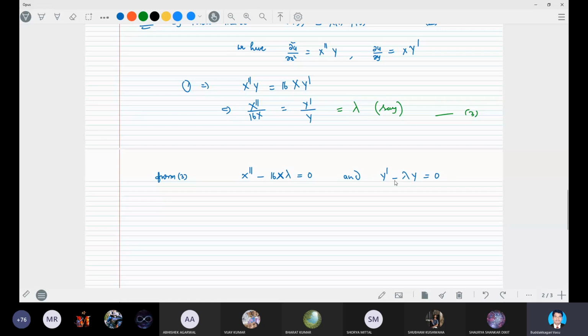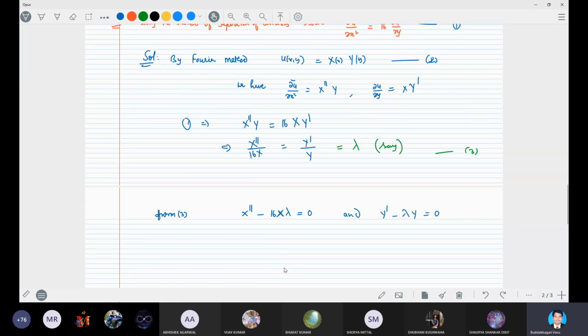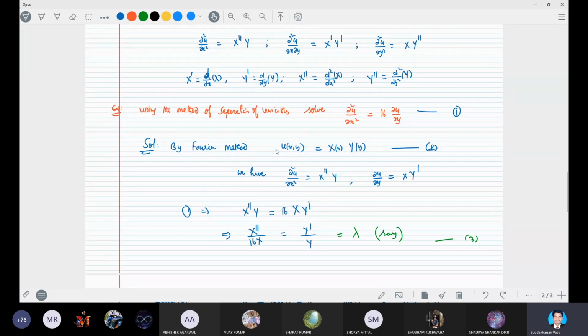We get two equations, so we individually solve for capital X and capital Y, and substitute them into the required solution u of x comma y is equal to capital X into capital Y.